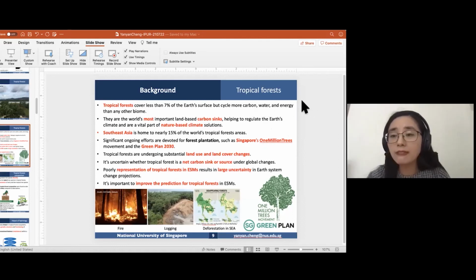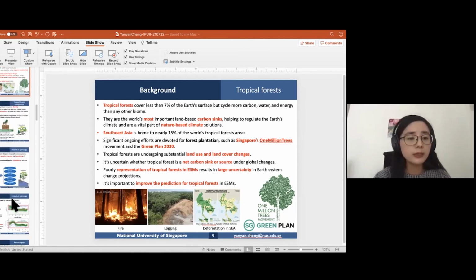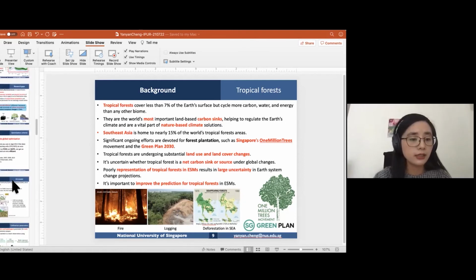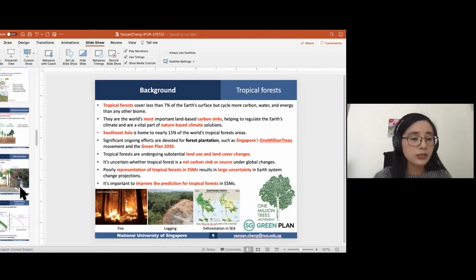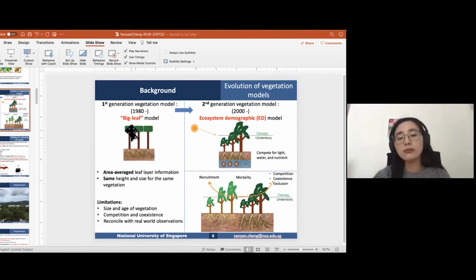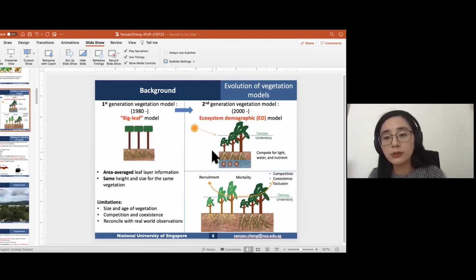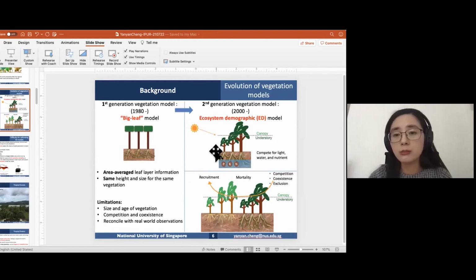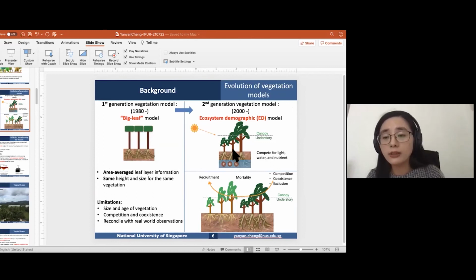Our results haven't been integrated in the IPCC assessment yet. But even the big leaf models from the earlier generation are still useful models that offer us some insights. Later on we have more understanding and more computational power, so we have more complicated models to help us better understand and quantify.